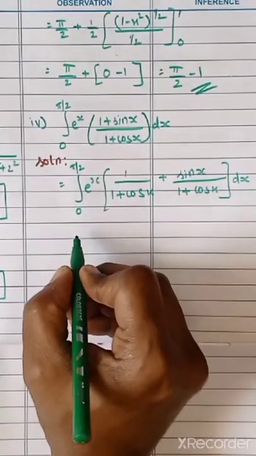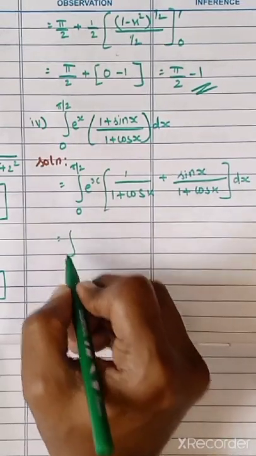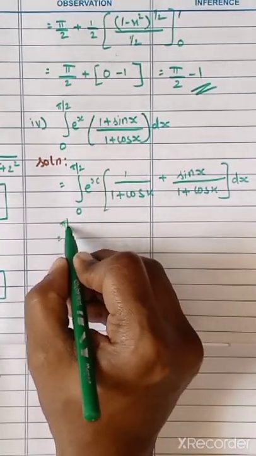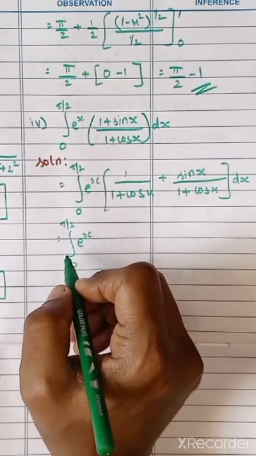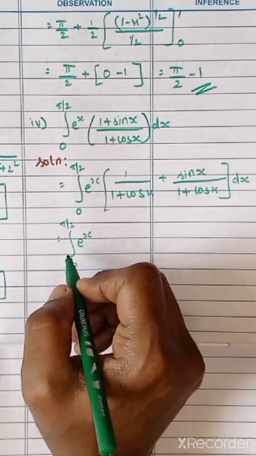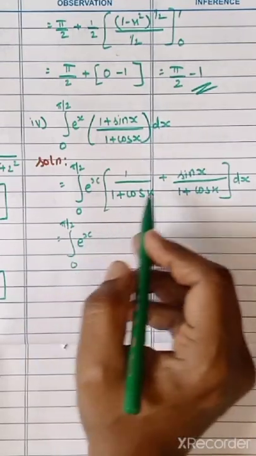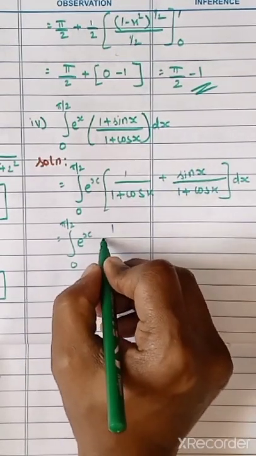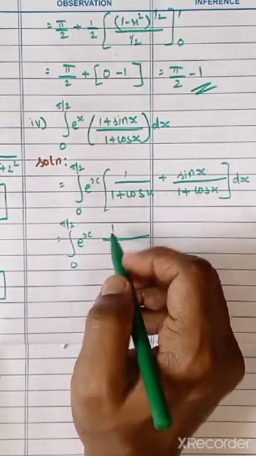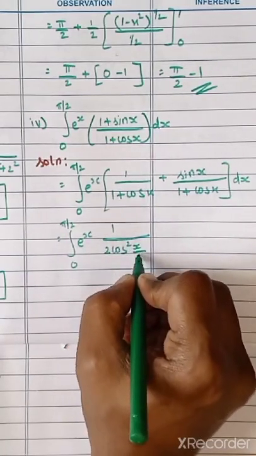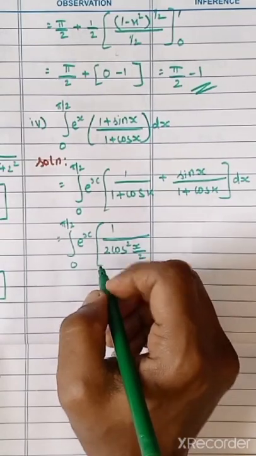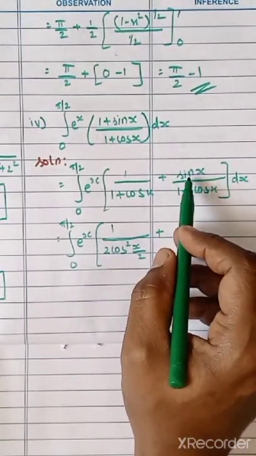Now, what is 1 plus cos x? Now we have to use the trigonometry formula. This is a half angle formula: 1 plus cos x is 2 cos square x by 2. So here, instead of 1 plus cos x, we write 1 by 2 cos square x by 2, plus, this is also a half angle formula.